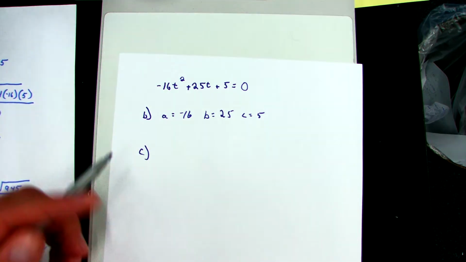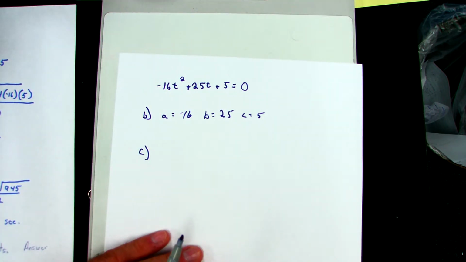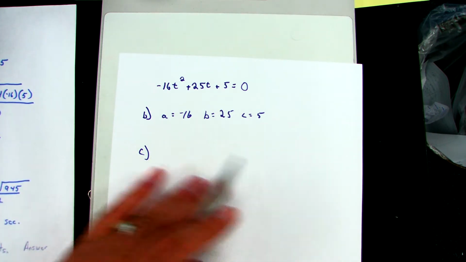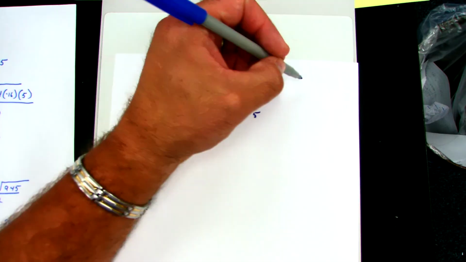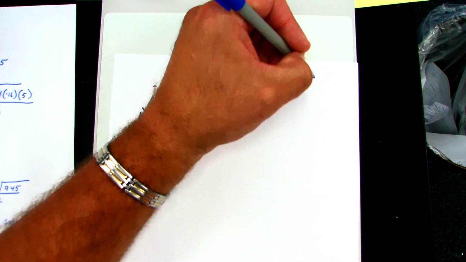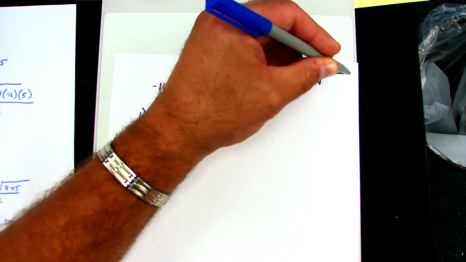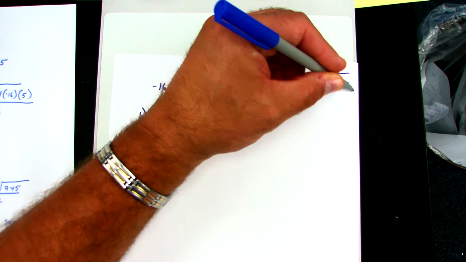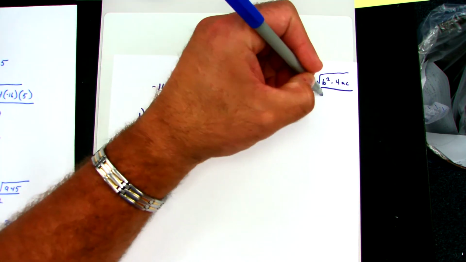They got a point for being able to plug it in correctly. It was 10 points for being able to write out the formula correctly with the numbers plugged in. And I gave them the formula, which was x equals -b plus or minus the square root of b squared minus 4ac all over 2a.